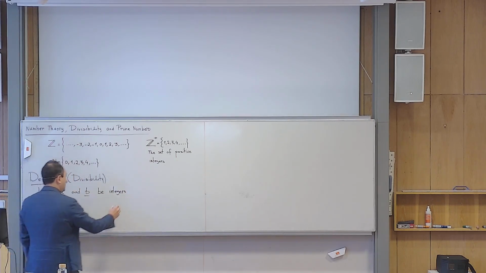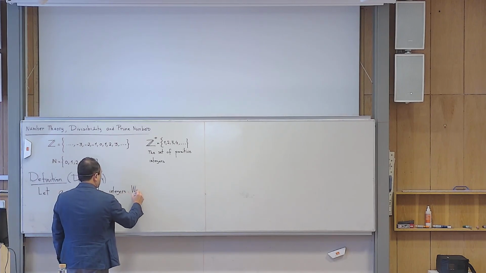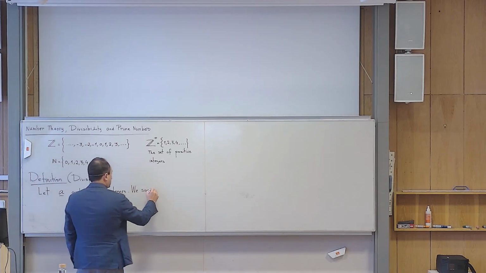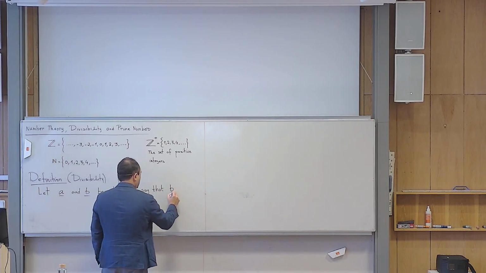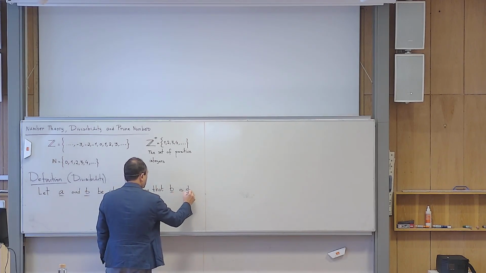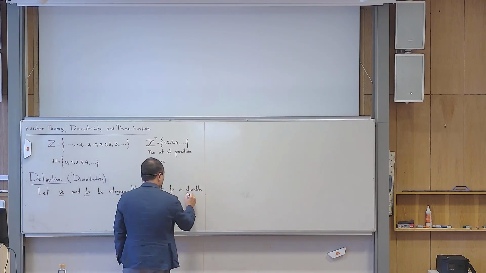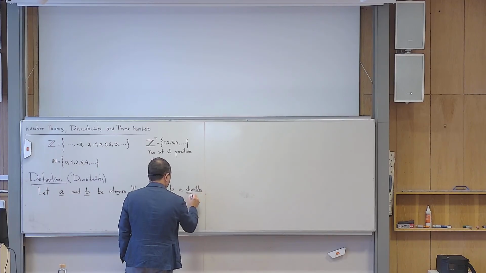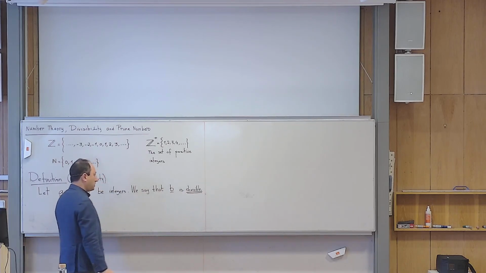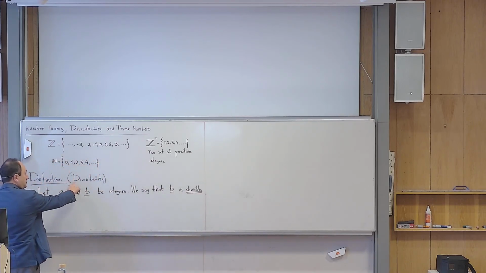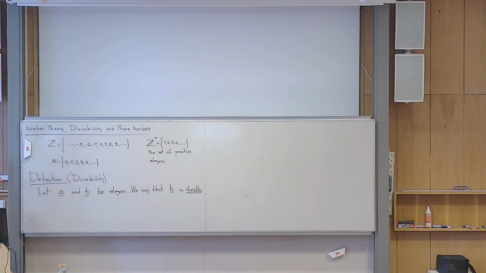Yes? We say that B is divisible by A. You see, I am defining this term. In principle, it should be written in bold or italics if I am typing it, because that's exactly the concept that I'm defining.